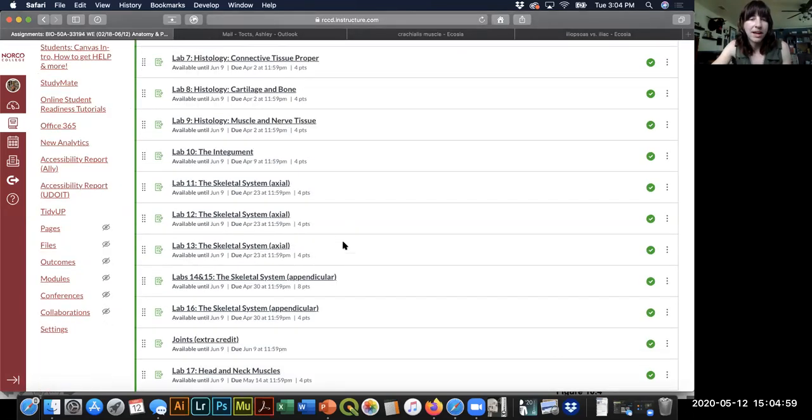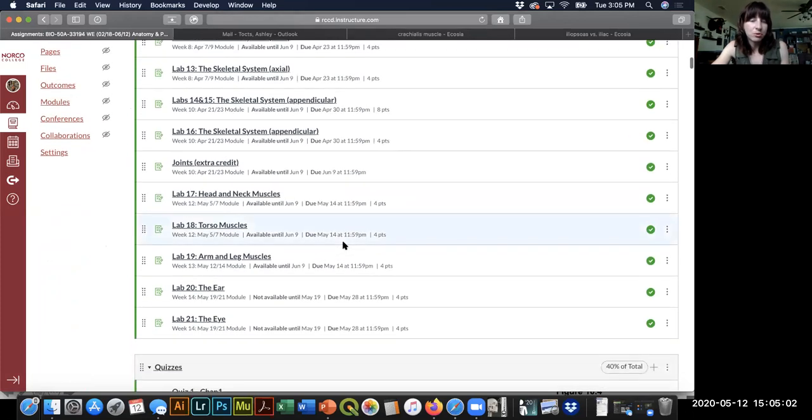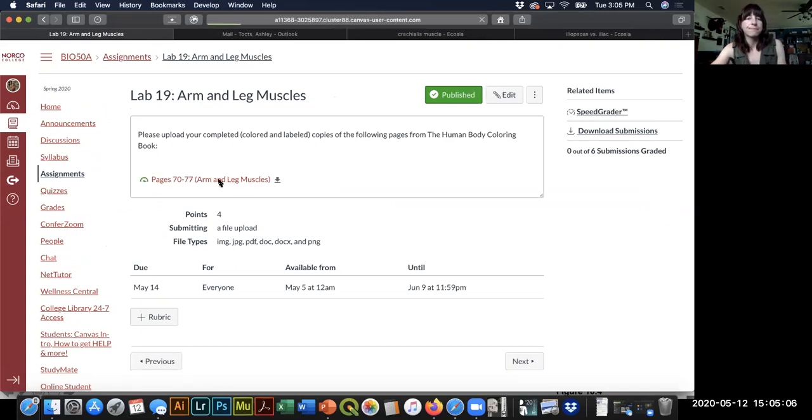Quad would imply that there are 4, which is true, of course. There are 4 muscles of your quadriceps.